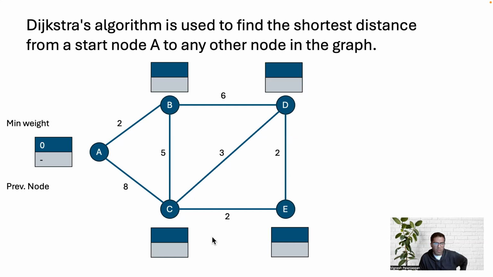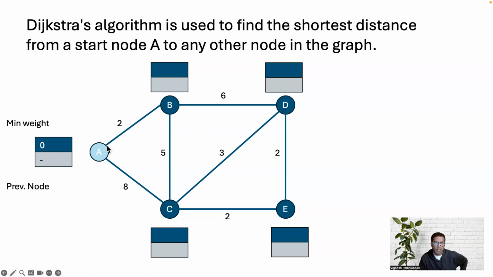And first off, we select our start node. So if we're starting from A, we can set the minimum weight at A to be 0, and the previous node to be blank, because this is our starting point. And at A, we basically look at the outgoing edges. So we have A to B with weight 2 and A to C with weight 8.